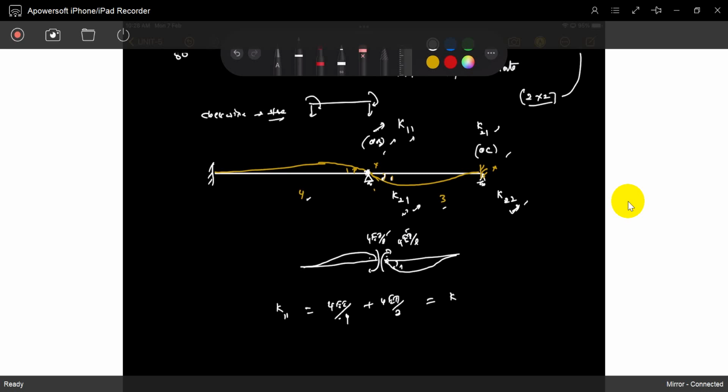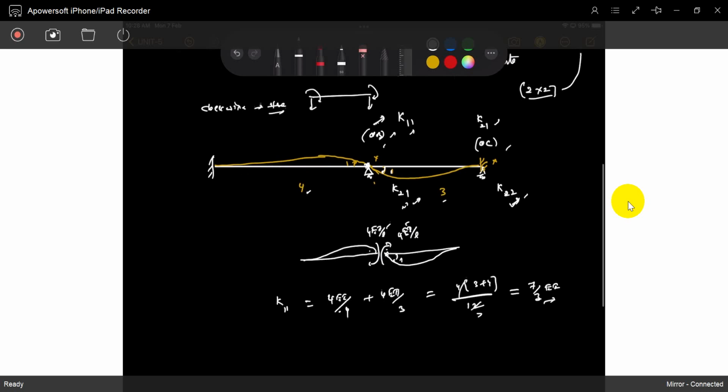Both are the same. So you already see, it's 12, 4 outside, 3 plus 4, it's 7 by 3 EI.